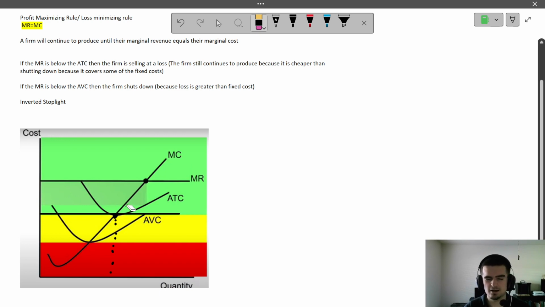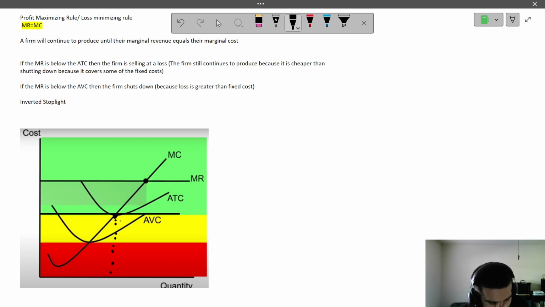By the way, these are economic costs, not accounting costs. These are economic profits, not accounting profits. Let me think about it.